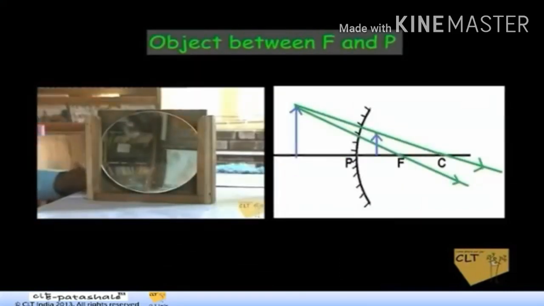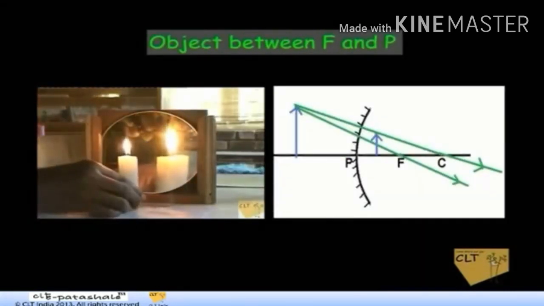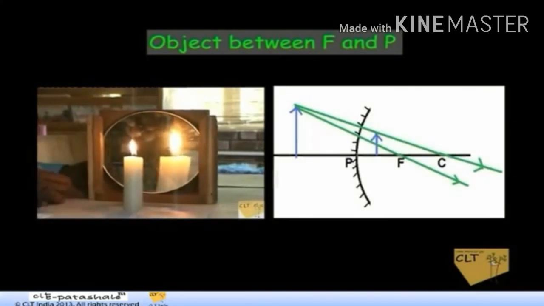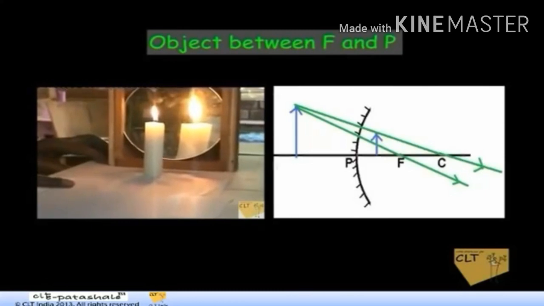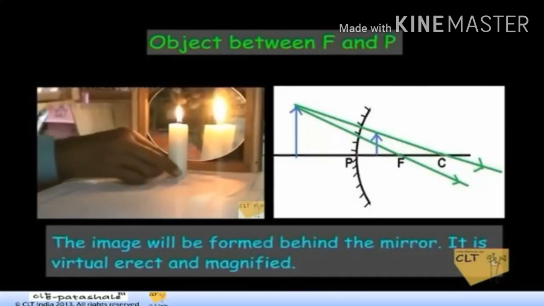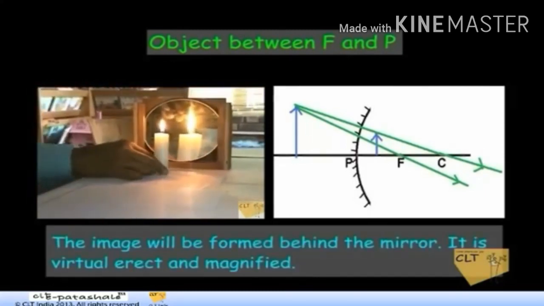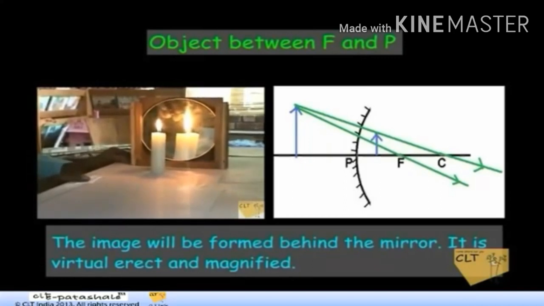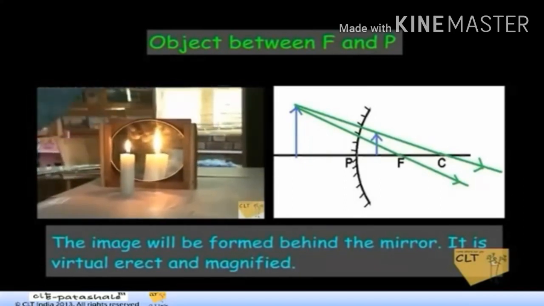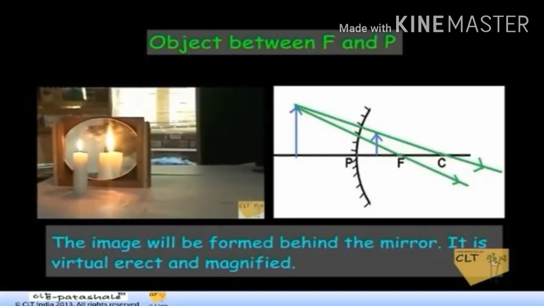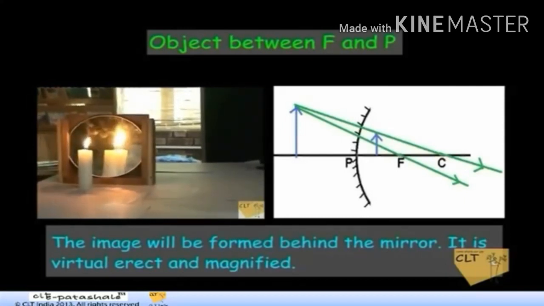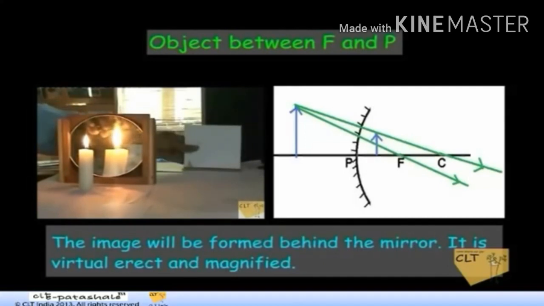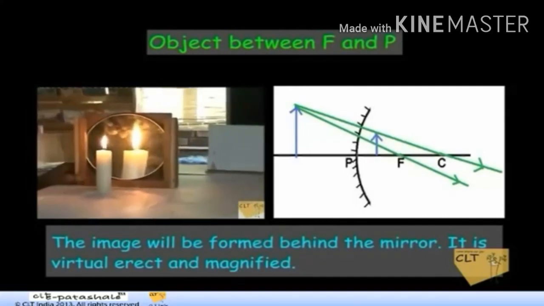Case 5, object between F and P. Place the object near the mirror, that is between F and P. The image formed is enlarged. It is also a virtual image because we cannot capture it on a screen. The image appears to be inside the mirror and is erect.